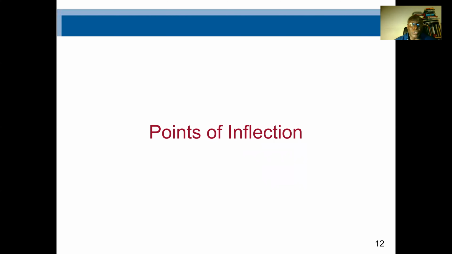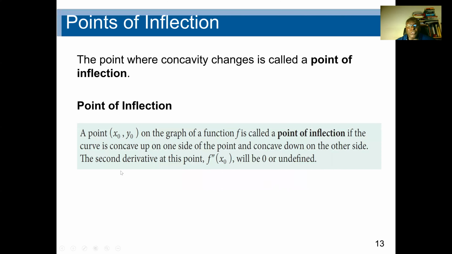So let's go to point of inflection. A point of inflection is also where the concavity changes. So we may have a graph where the concavity changes from up to down, and that very point is called the point of inflection. A point (x0, y0) on the graph of a function is called a point of inflection only if the curve is concave up on one side of the point and concave down on the other side.